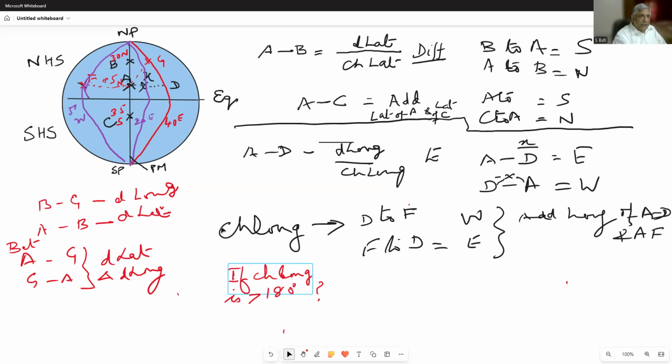Up to 180 degrees, yes. Let's say one place is this side here, 89 degrees west. One is this side here, 89 degrees east. 89 plus 89 is 178. This will be the dlong west, and this will be the dlong east, towards east. What when it exceeds 180 degrees? What do we do to find out the change of latitude and longitude?